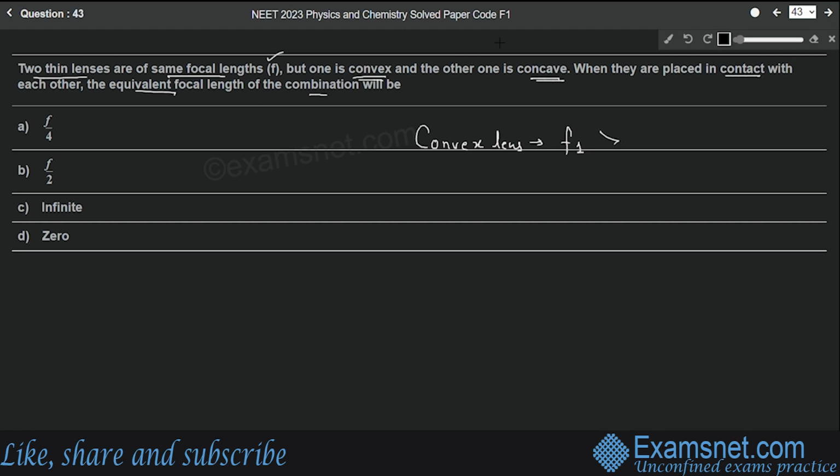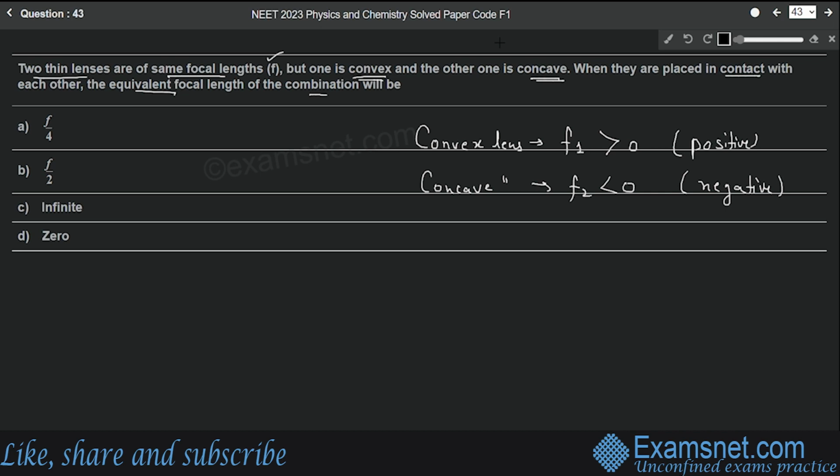Okay. So this is greater than 0. That means positive, right? And if we assume that the focal length of the concave lens is f2, then f2 will be negative, that is less than 0. Okay, because focal length of a concave lens is always negative.